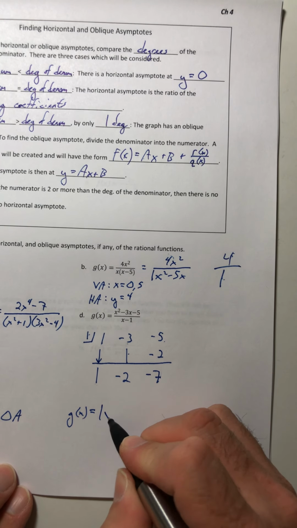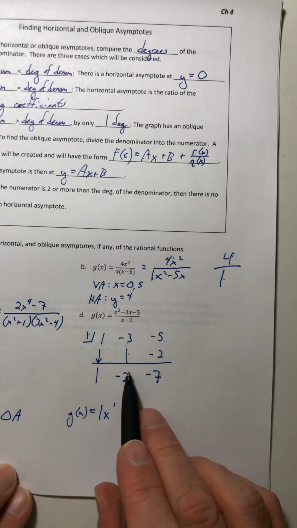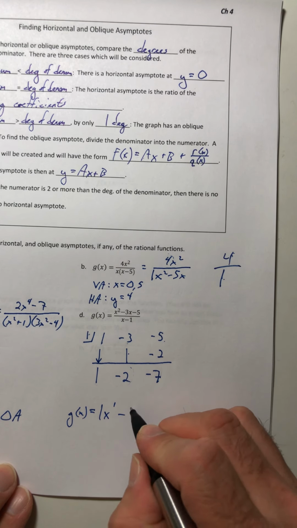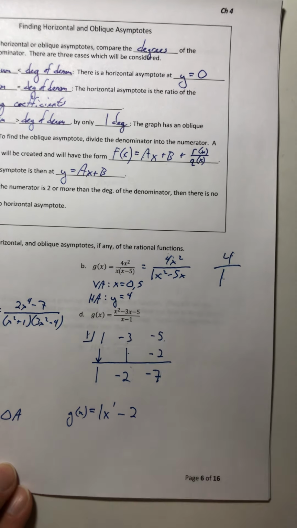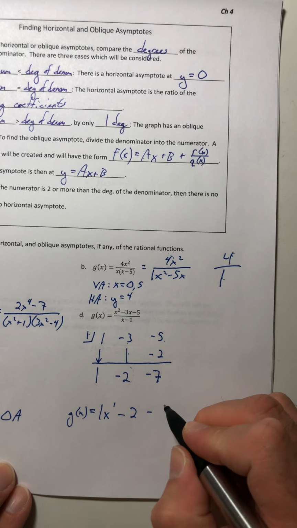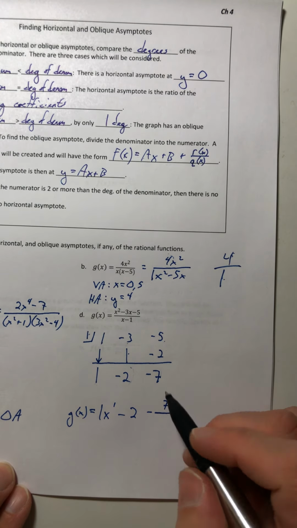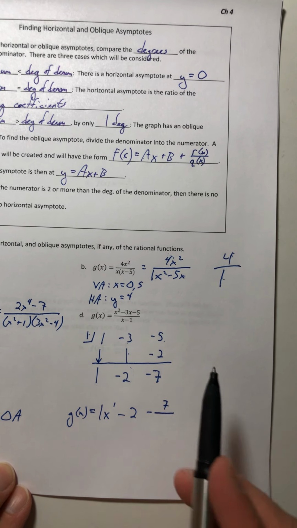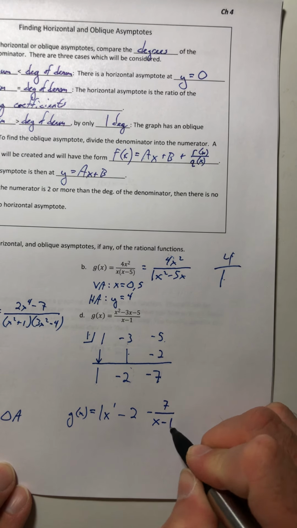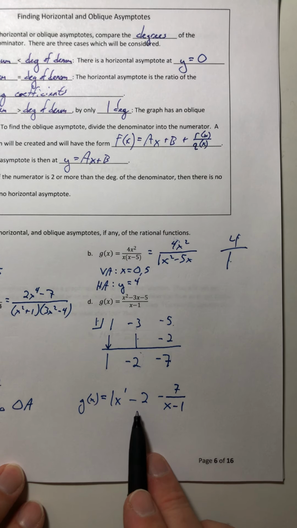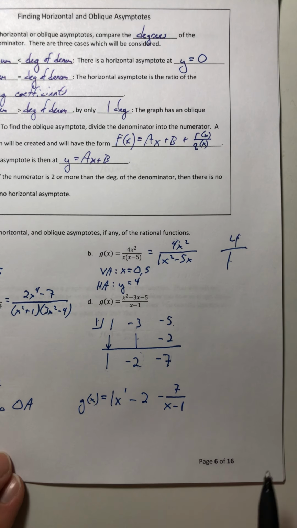So 1x minus 2. And then this last number here, that's your remainder. So -7, and then you're going to stick it over what you just divided by. So I've got x minus 2 minus 7 over x minus 1.